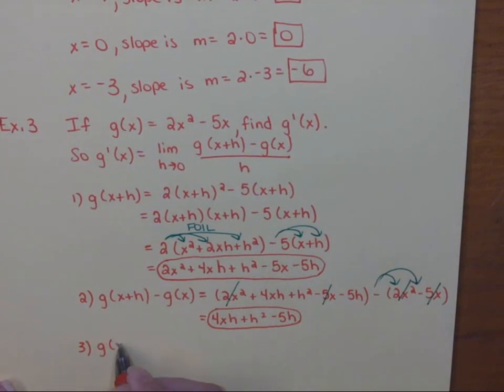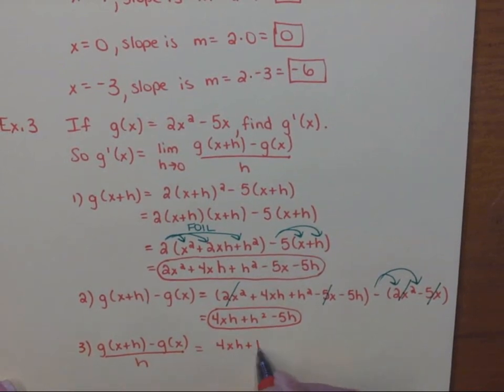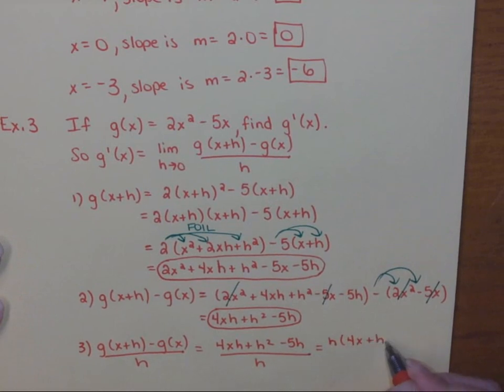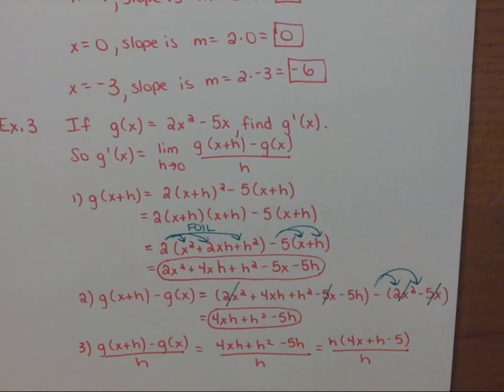Step number 3 is to take what you got in step number 2, but divide it all by h. So 4xh plus h squared minus 5h all over h. Again, let's factor an h out of the top, so that would leave us with 4x plus h minus 5 in the parentheses over h.